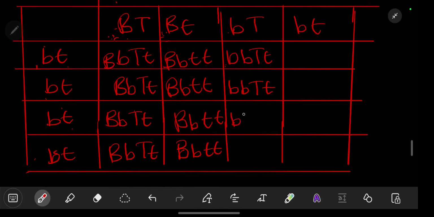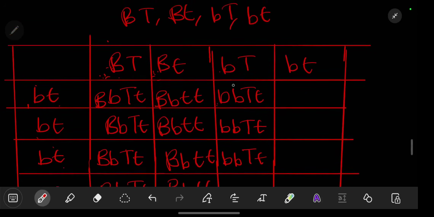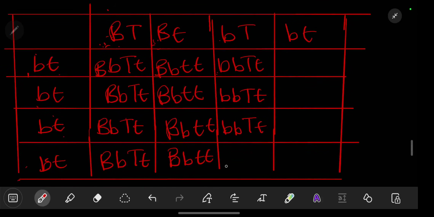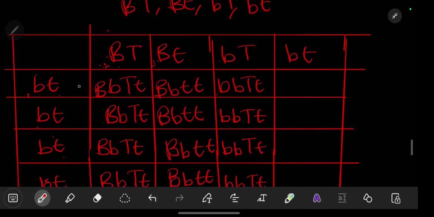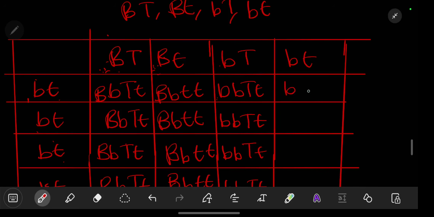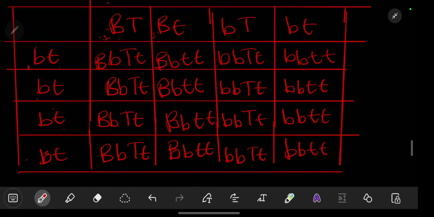So we have our b, b, t, t from this one. No, sorry, T, t like that. Finally, we have our B small b and our T small t like that. Then here we have B small b, t, t, and b, b, t, t.